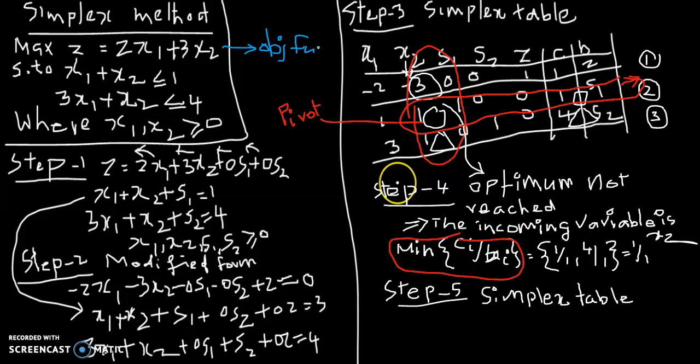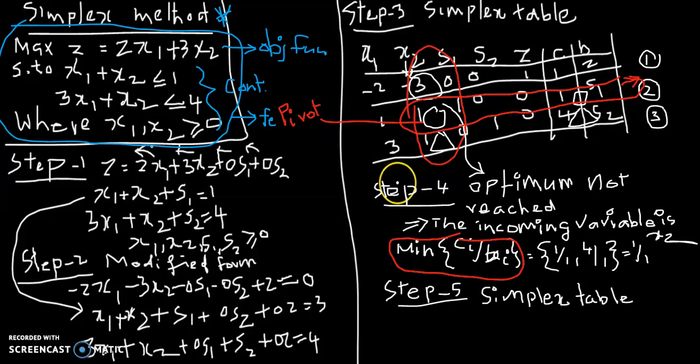These are the constraint equations, and this is called the feasible condition: x1, x2 always greater than or equal to 0. Taking all these things together, we call it the LPP model.